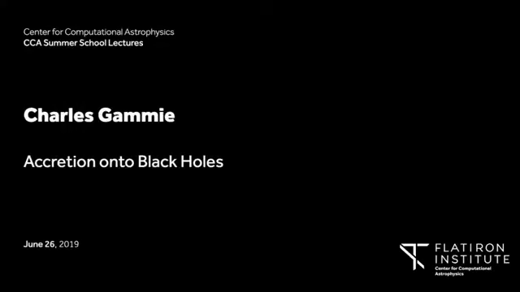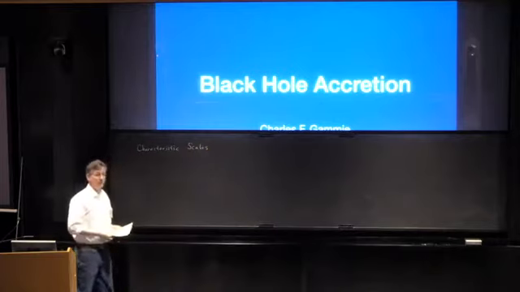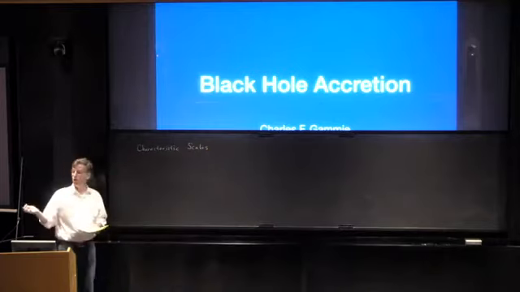So before we start in, I wanted to start with a brief discussion of characteristic scales for talking about black holes, because I know some of you work on this, and others of you have very different backgrounds.